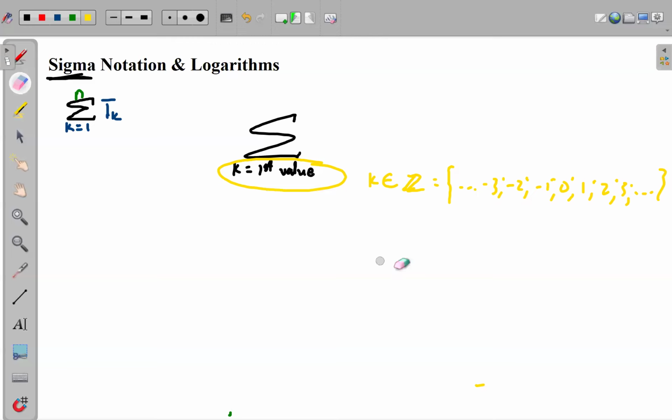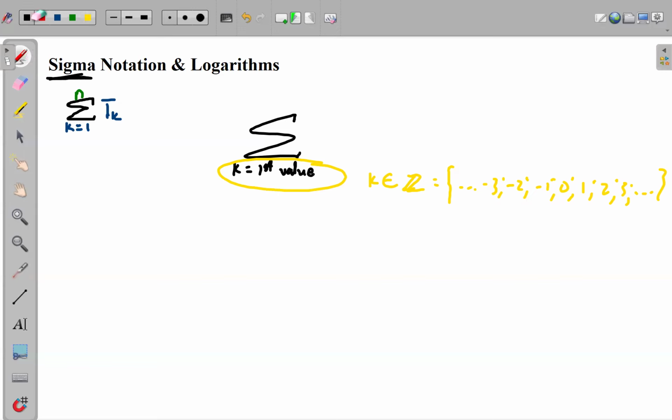When we classify something as an element of integers, this little e here means an element of or belongs to. I need you to really put meaning into these symbols when you read them. Don't just say k, e, z, you must actually read them correctly in English to say where k is an element of the set of integers, or where the number k is a member of integers.